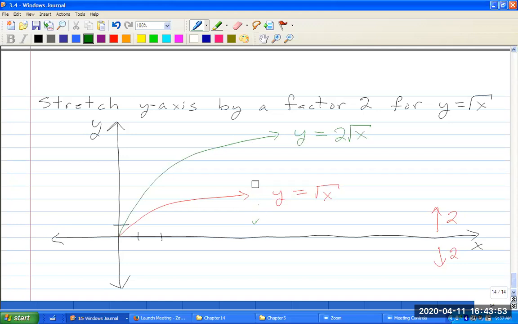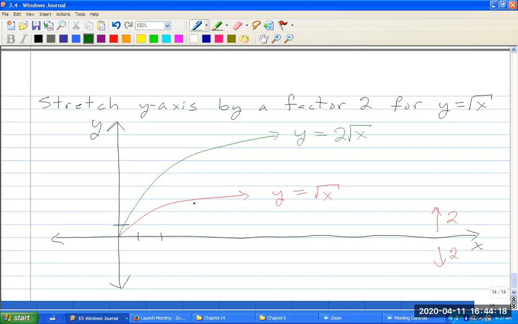So you choose every point. This guy here is doubled in size. This guy here is doubled in size. Every point is doubled in size. Every point on the curve.